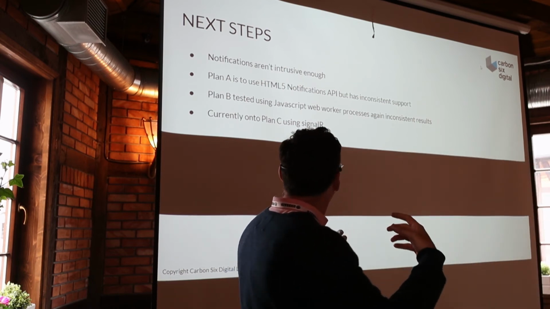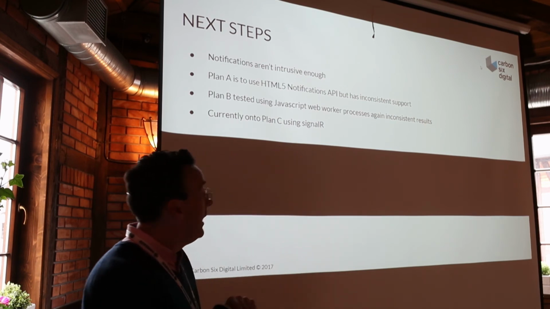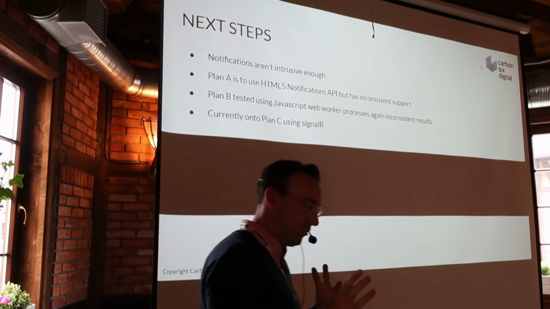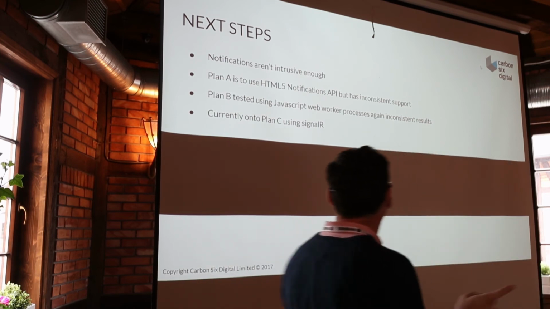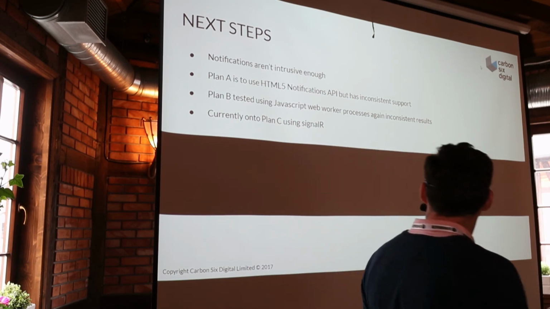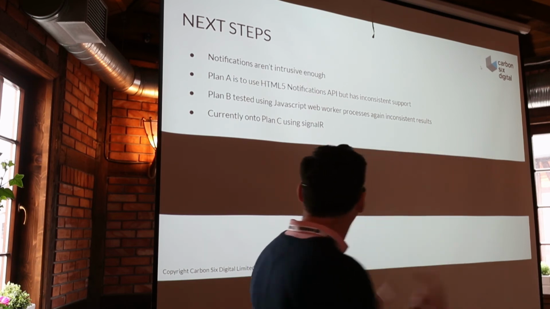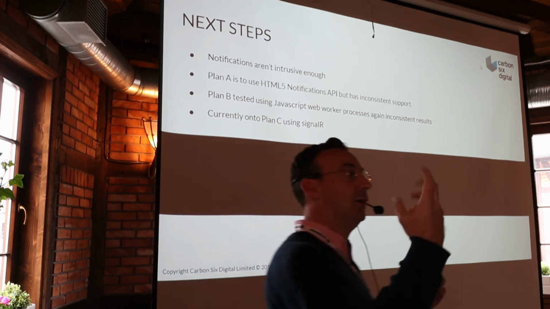So plan A was to try to use HTML5 notifications, but there's inconsistent support for that across the different browsers that Harwoods actually use. And so we did look at a JavaScript web worker process. Again, it was inconsistent, so what we're currently planning on doing is implementing this in SignalR.